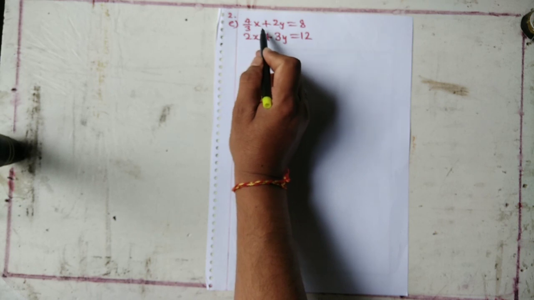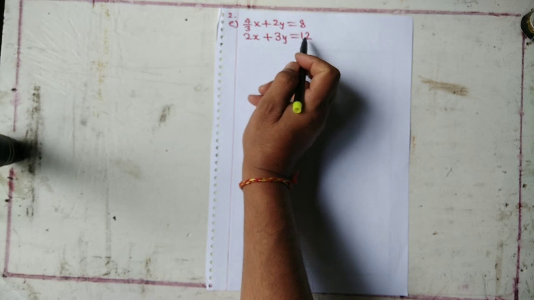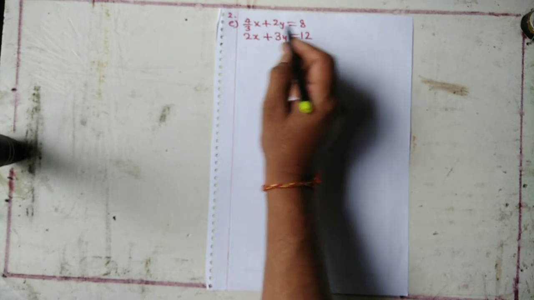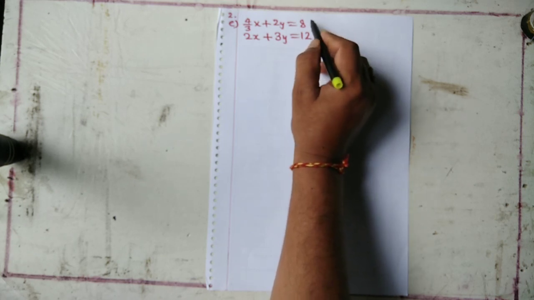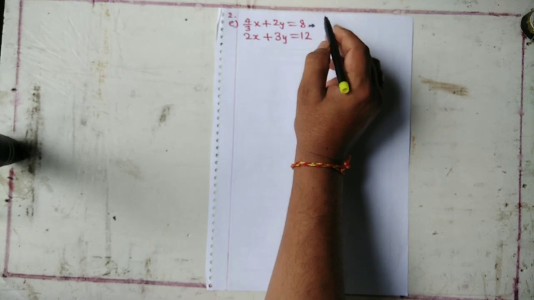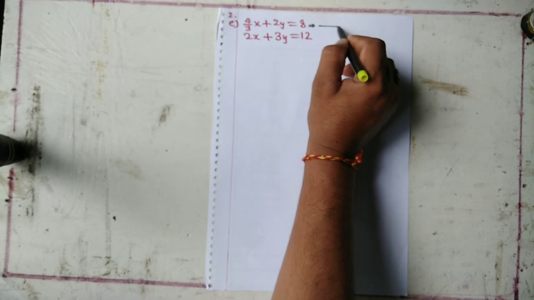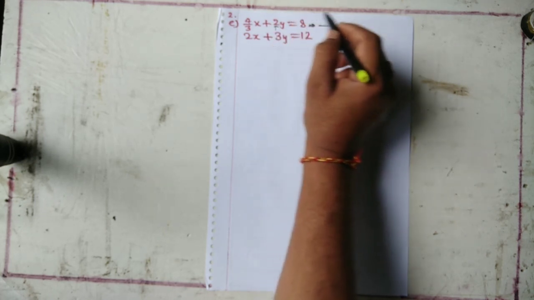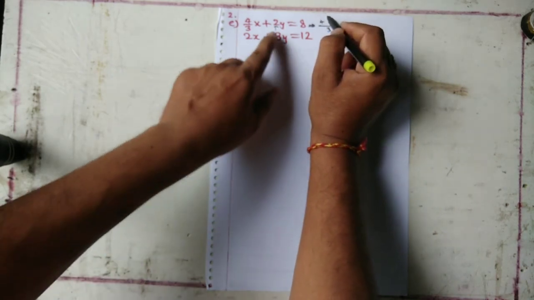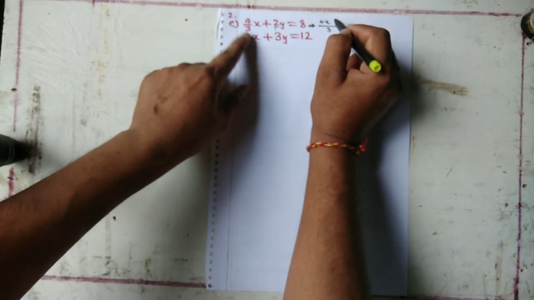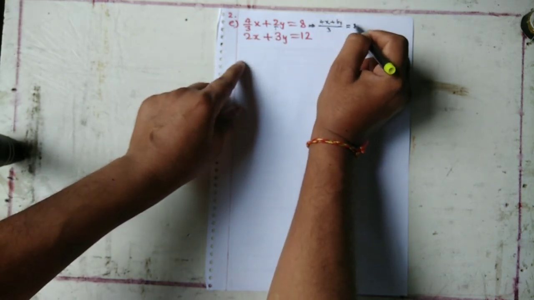E. 4 by 3 x plus 2y is equal to 8. 2x plus 3y is equal to 12. First, we have to make these equations as standard forms. On LHS, take LCM, 3 as LCM: 1 four is 4x plus 3 twos are 6y is equal to 8.